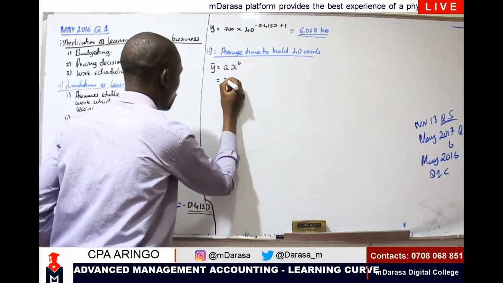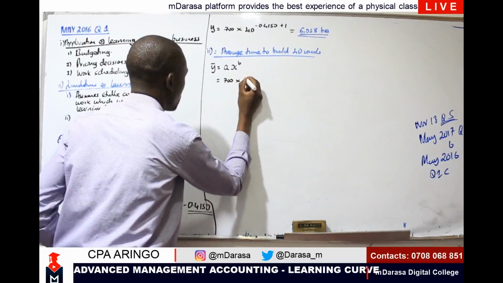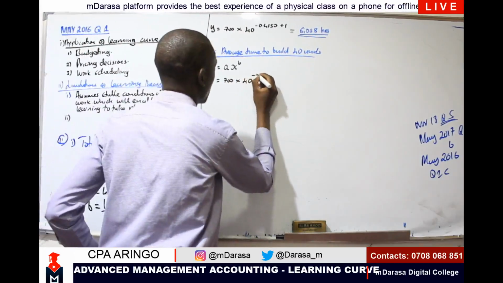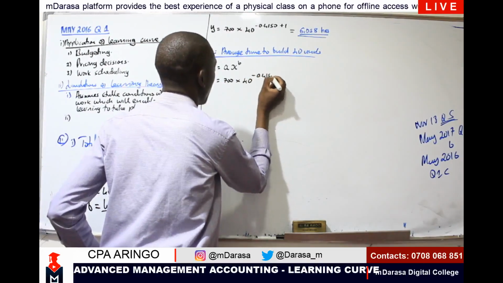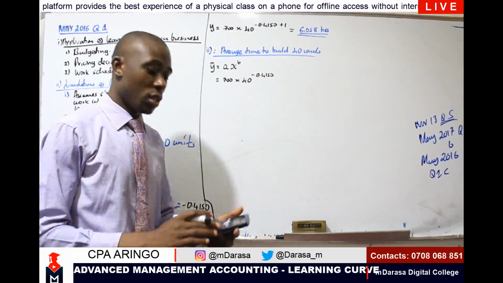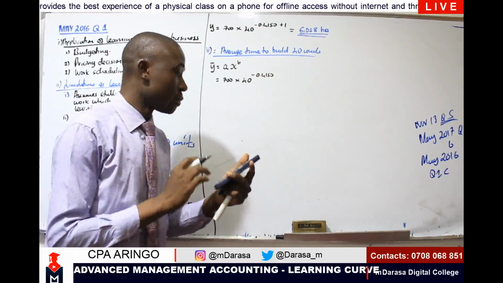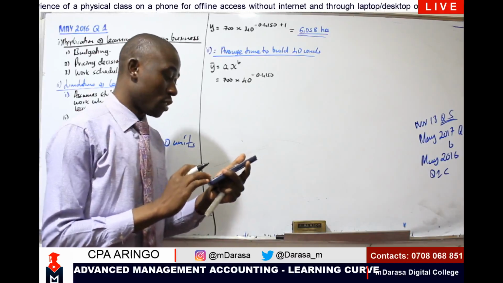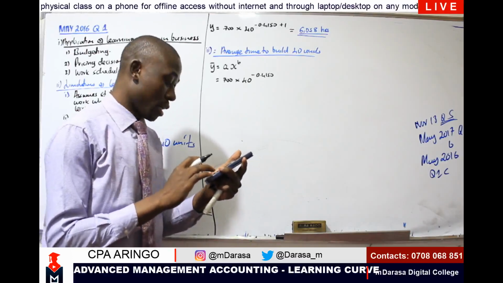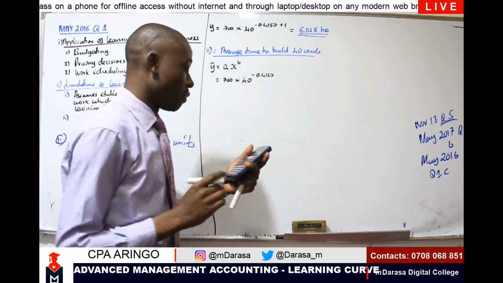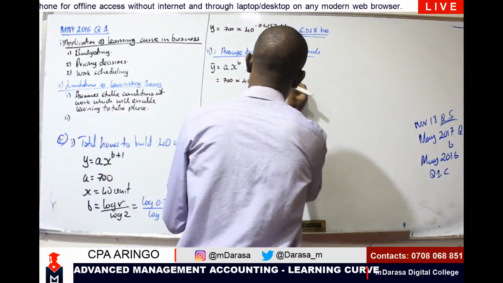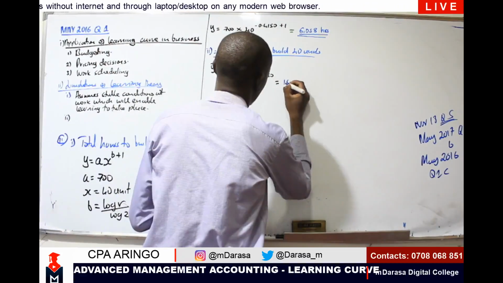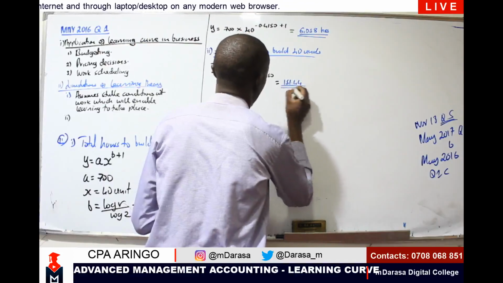We have our a to be 700, times 40 raised to b, the learning index, which we determined to be negative 0.4150. So that should give us 151.44. Therefore, my average time is 151.44.